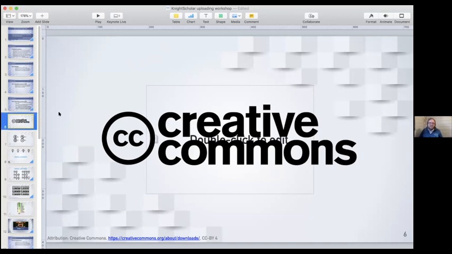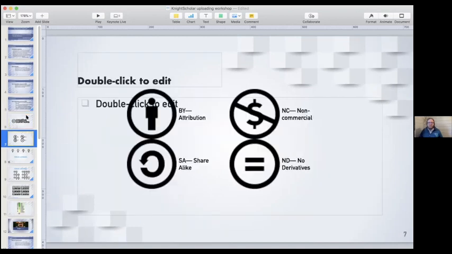Creative Commons has 4 specific pieces of their open licensing, and these are these 4. We have BY, which is attribution, or giving credit to the creator. There's non-commercial, which means it cannot be used for commercial use.